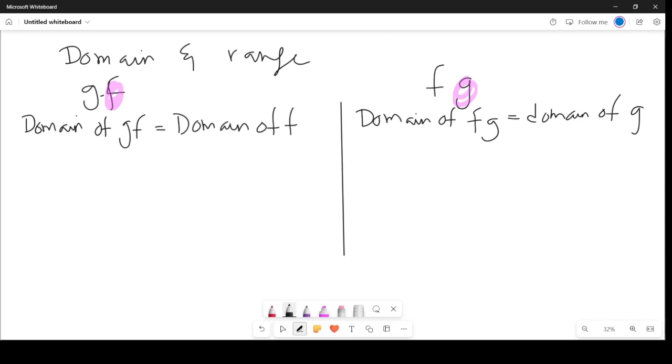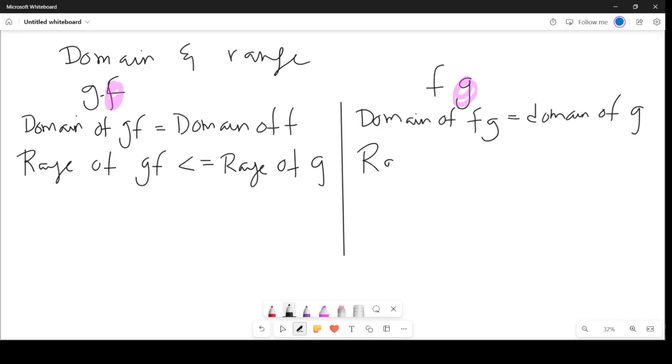Range of GF lies within or is less than equals to range of G. Similarly here, range of FG is less than equals to or lies within range of F.